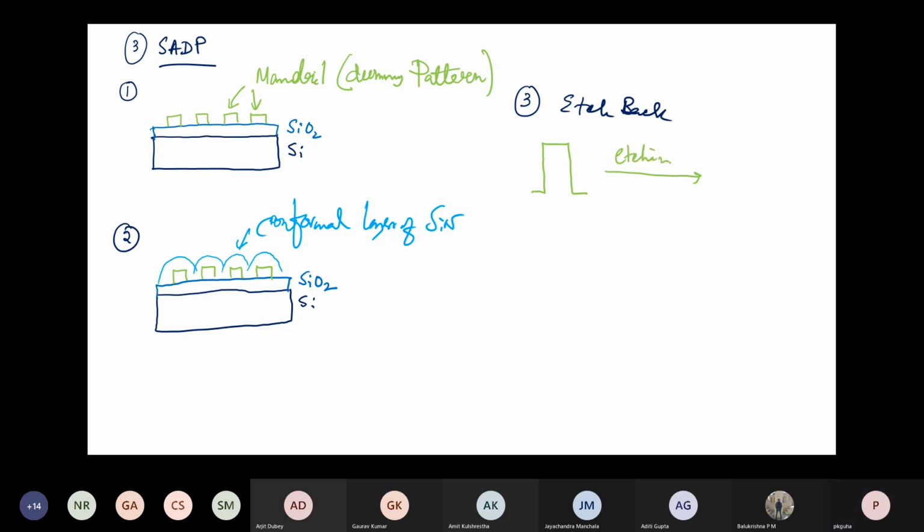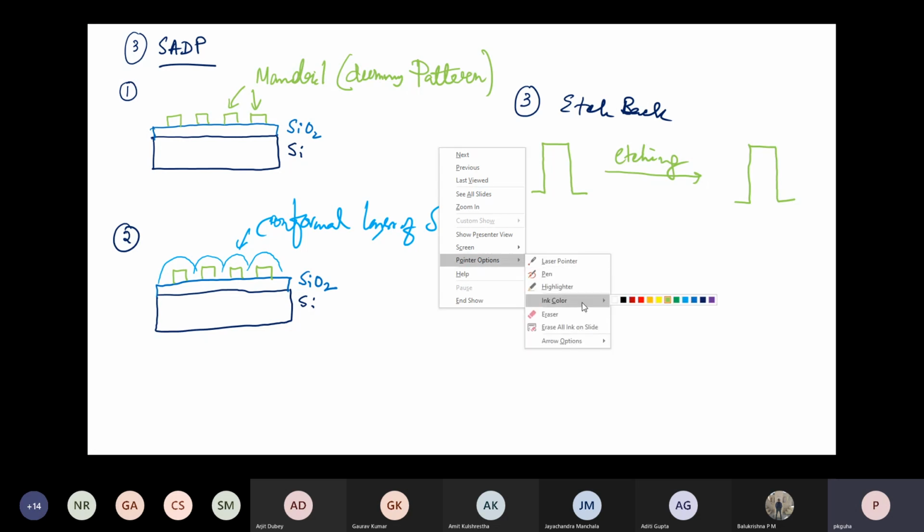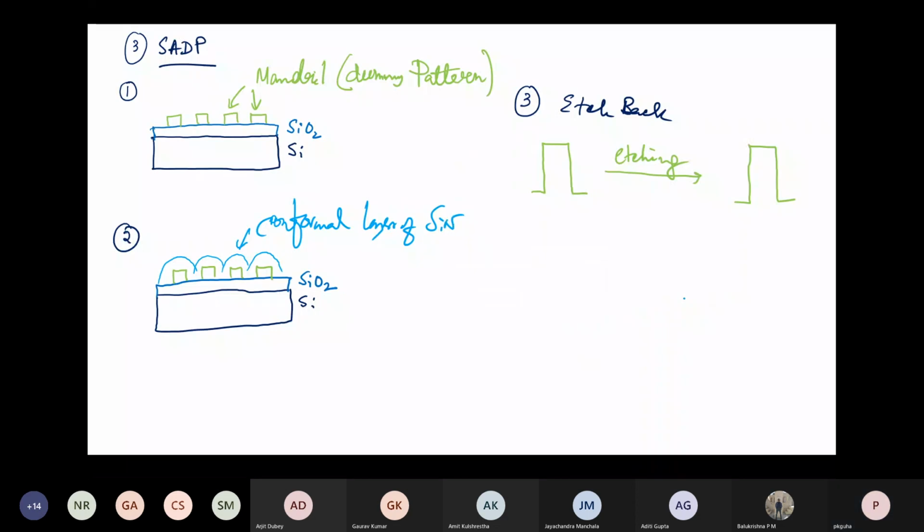The silicon nitride was initially like this, and due to etching it will become like this.